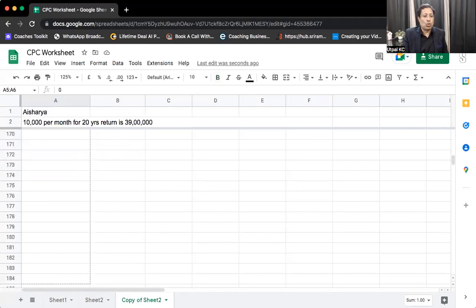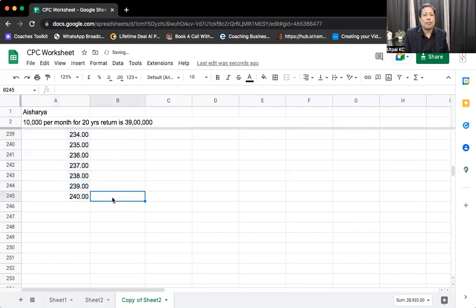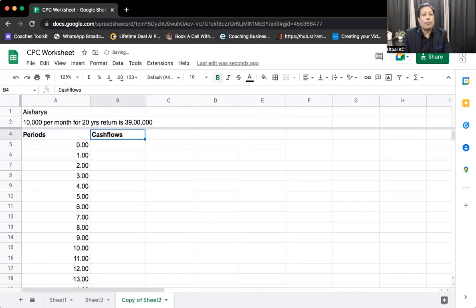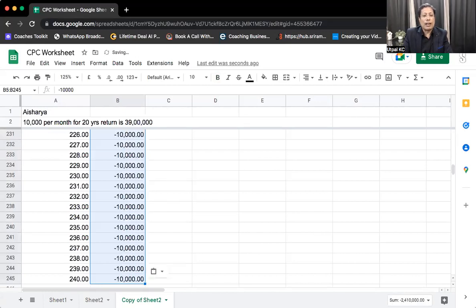Got it. Then you are paying 10,000 every month, so minus 10,000, minus 10,000, every month, and then at the end you are getting 39 lakhs.